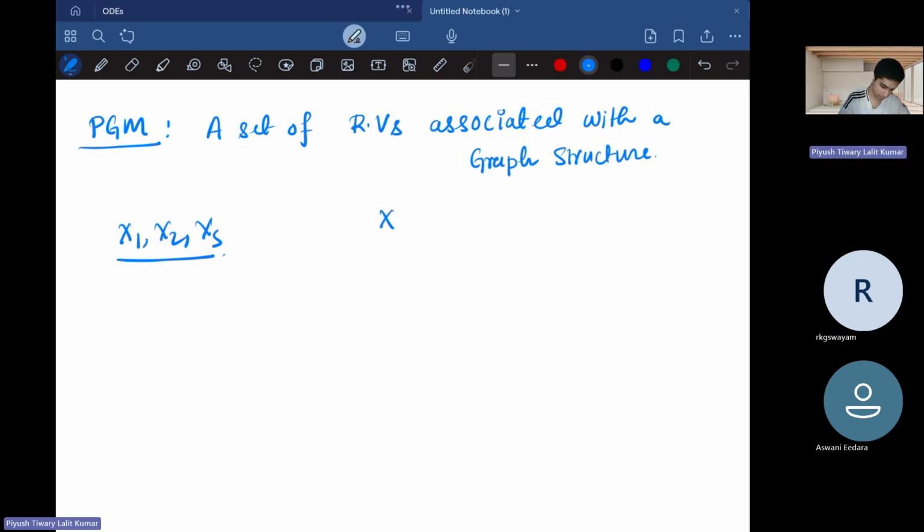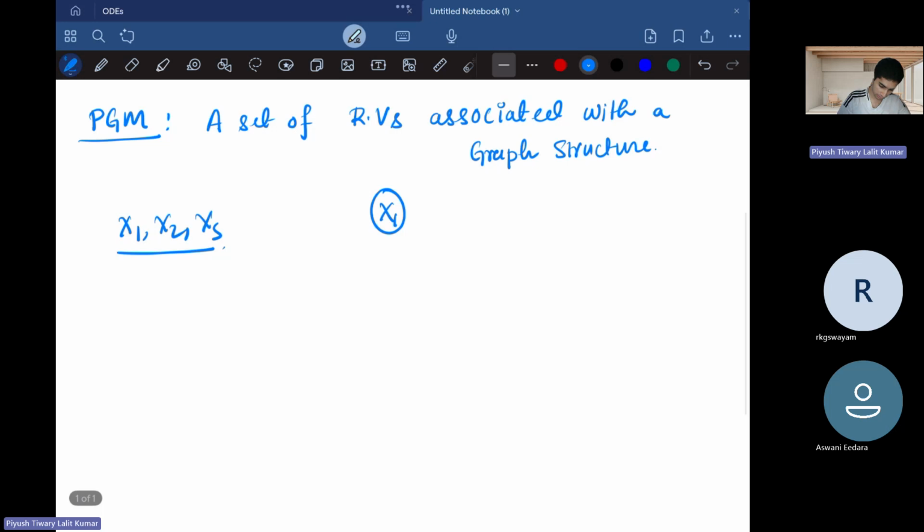Maybe the graph structure could look something like this: this is x1, this is x2, and this is x3. A graph has nodes and edges.